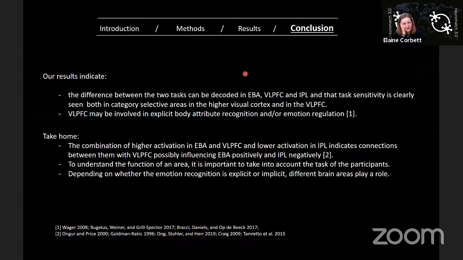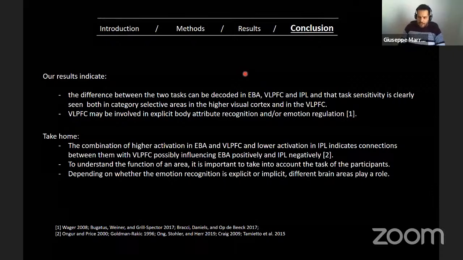And I was wondering whether there was a difference in difficulty across the two tasks. I didn't report the behavioral analysis because, I mean, 5 minutes is not a lot, but in general there is a significant difference, but I don't think it's a substantial difference.